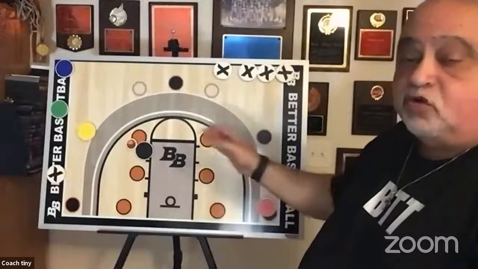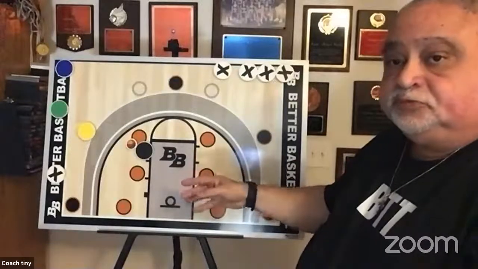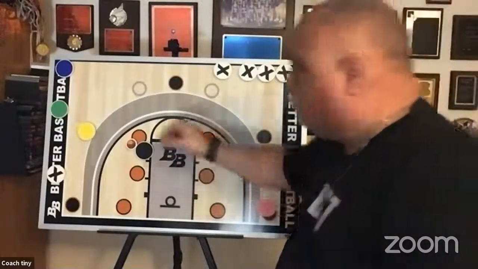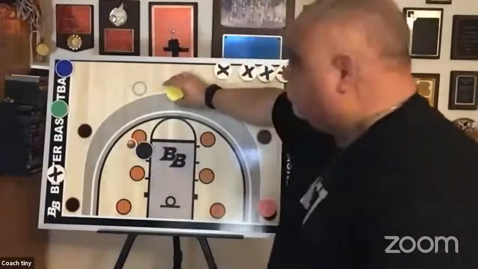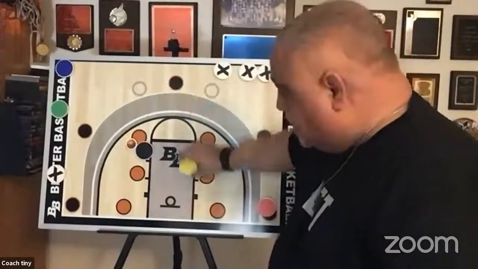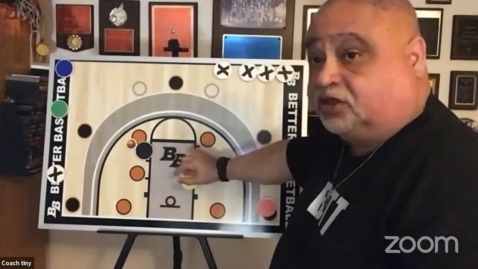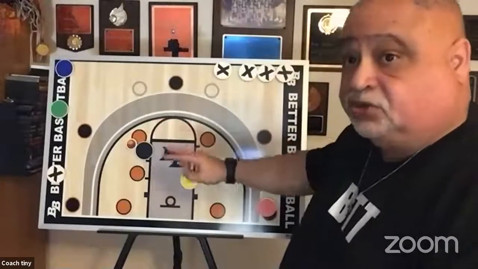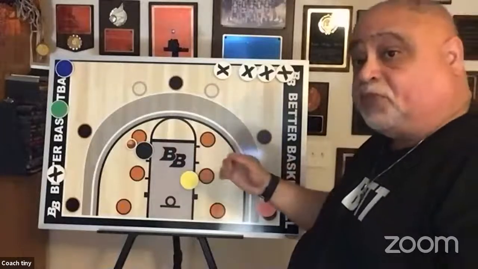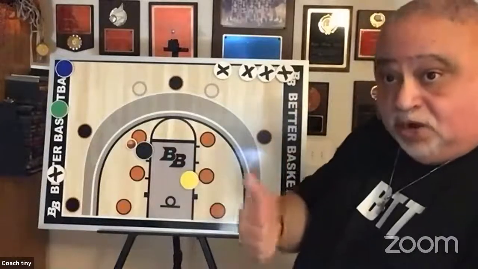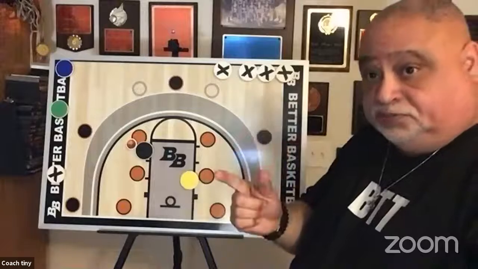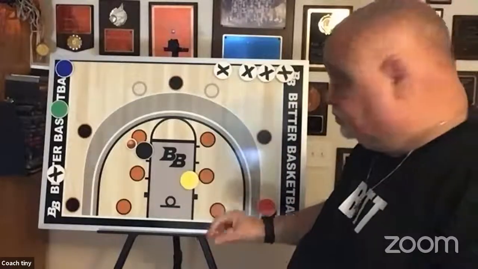But right now, because of the number of players that we have here, it's not available. The X cut will mean I go high to make a back pick, and then I cut to the basket. All that from feeding the post, layer 2. So you practice layer 1 and layer 2 in the same drill.